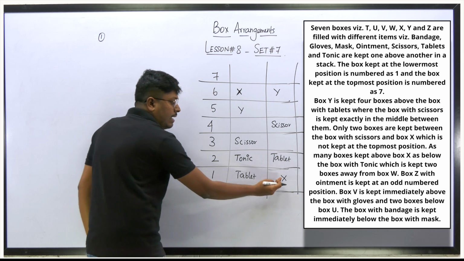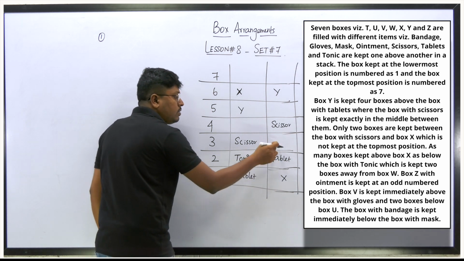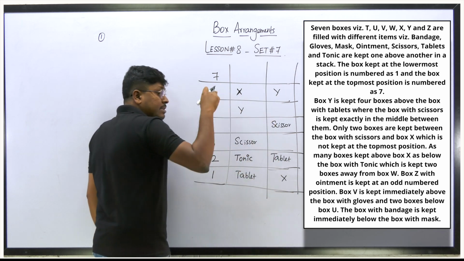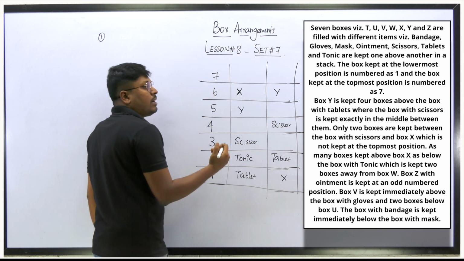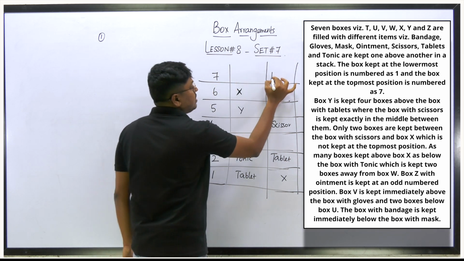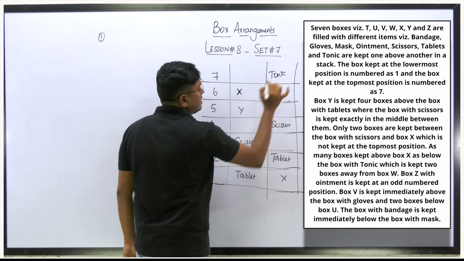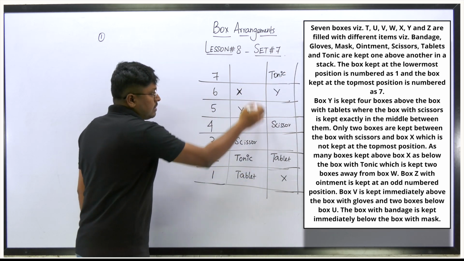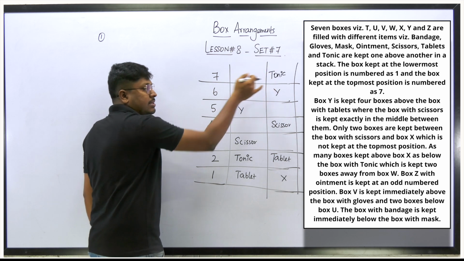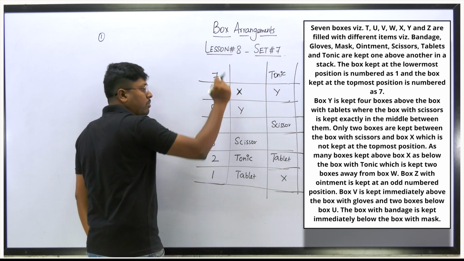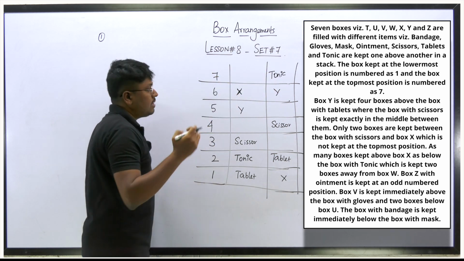Similarly, in this second possible diagram, above X there are 1, 2, 3, 4, 5, 6 boxes. So below tonic also there should be 6 boxes. So I should definitely fix tonic here. Only then can we say that below tonic 6 boxes, above X 6 boxes. In this case, above X only one box, so below tonic only one box. Understood?